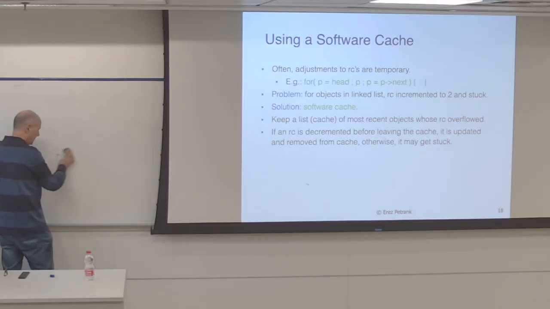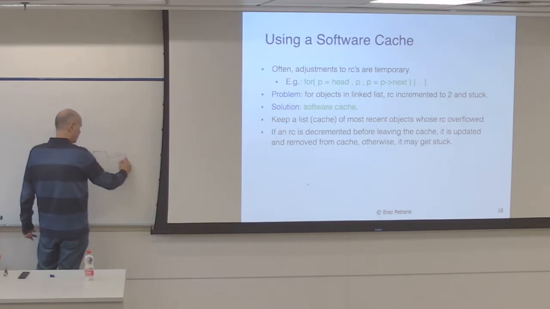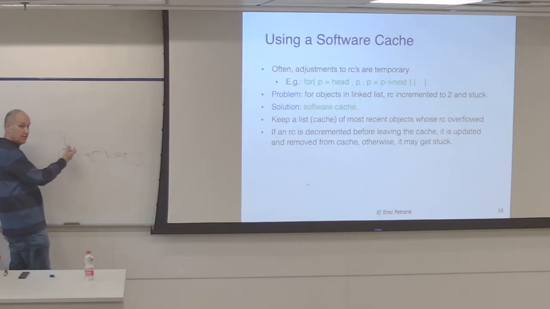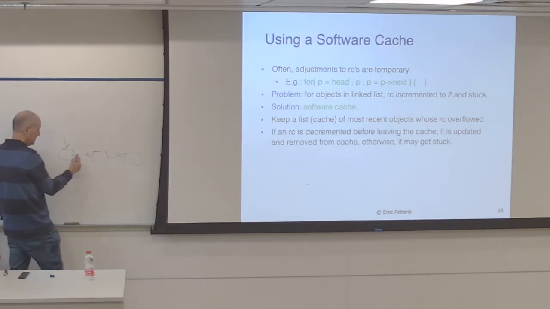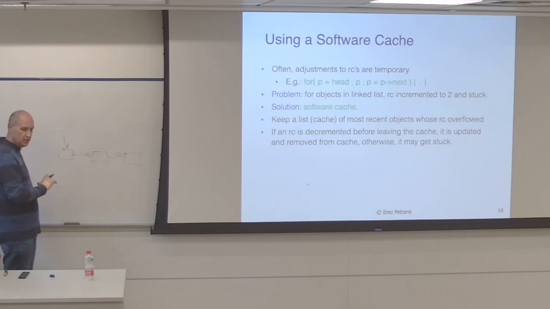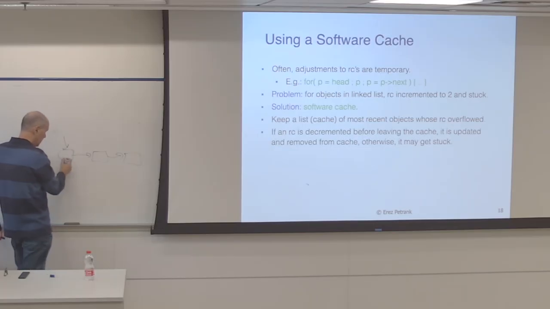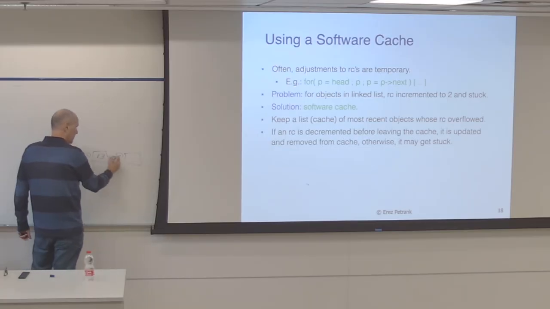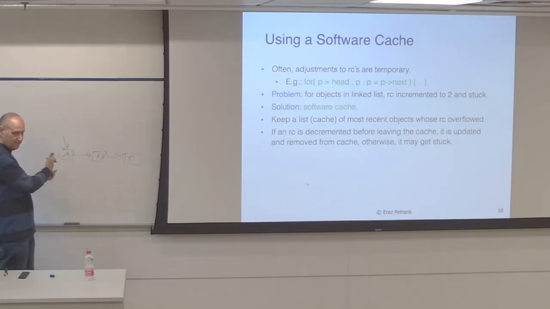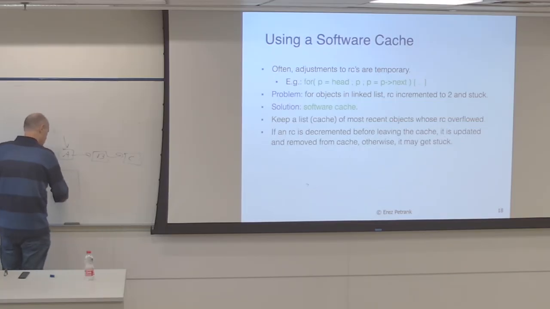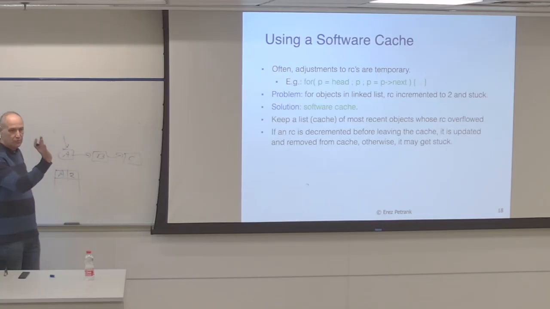Let's say I'm going over this linked list, and whenever I go through the next one, it gets stuck because it's shared. It gets from 0 to 1, and I cannot touch it anymore. Now, say this is object A. They have addresses, they don't have letters. But suppose in the cache I say object A got to 2 pointers, shared, and then it could go up to 3 and 4.